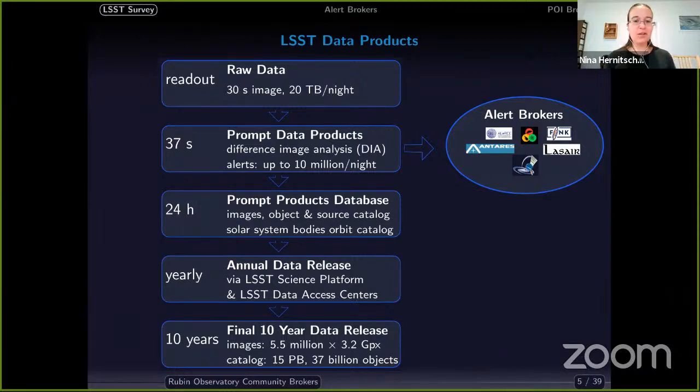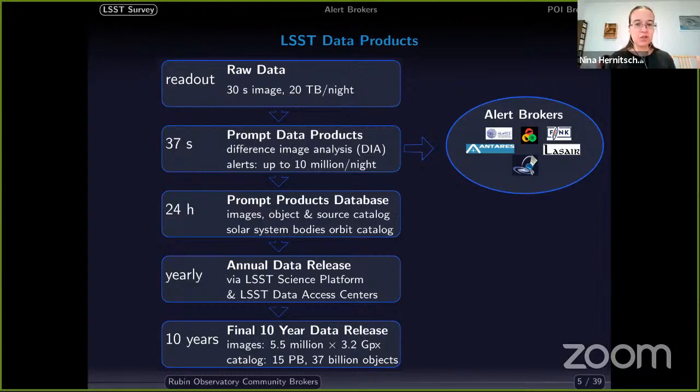And I mention this here especially to highlight the sheer data volume. We have about 20 terabytes per night of raw data. We have about 10 million individual alerts from transient and variable sources per night. And the total data volume will cover about 15 petabytes.